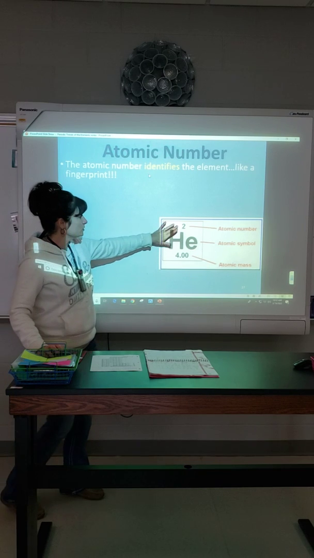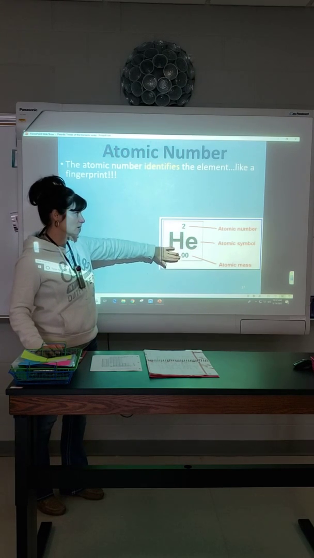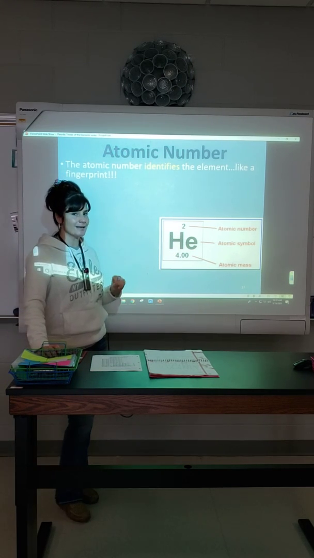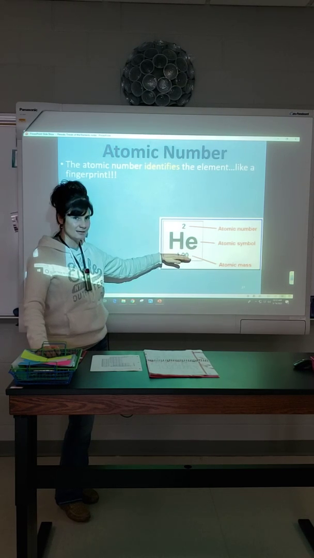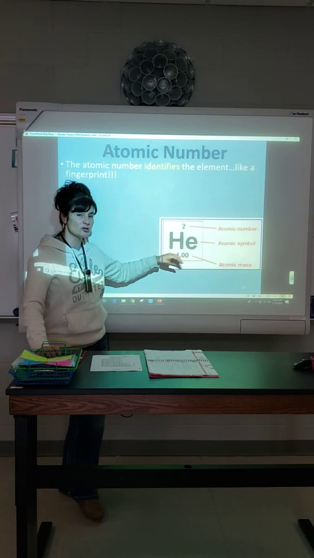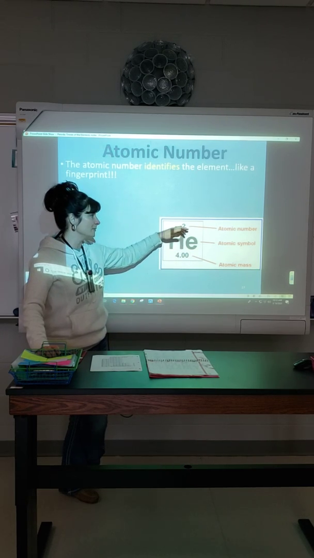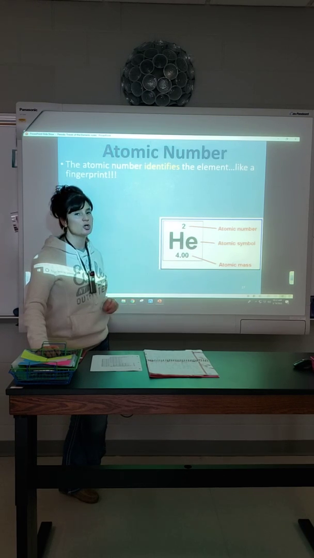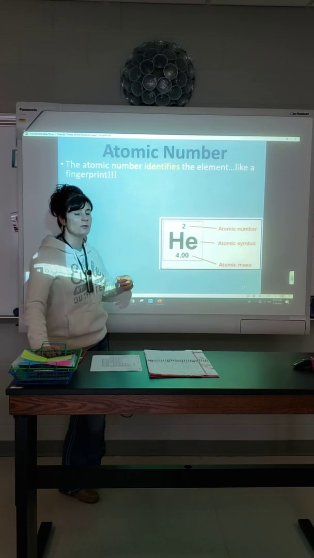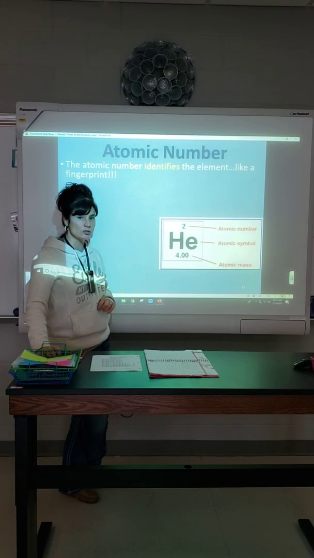You'll also see some numbers on these cards. It would make it a lot easier if they always put the atomic number in one spot and the mass number in another spot, but they do not do that. Some versions of the periodic table will have the mass number at the top, some at the bottom, or vice versa. So you have to know that the mass number is always going to be your large number and the atomic number is always going to be the small number.